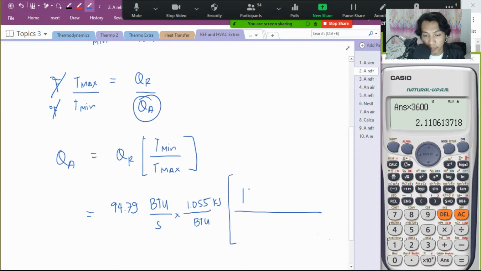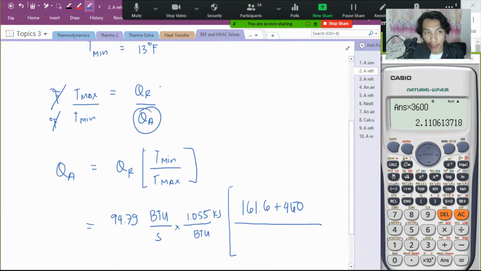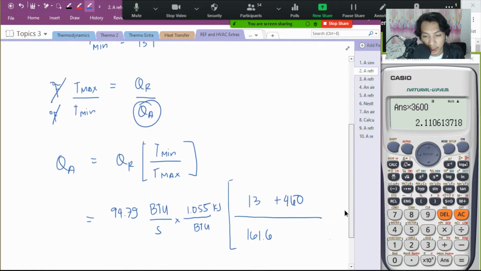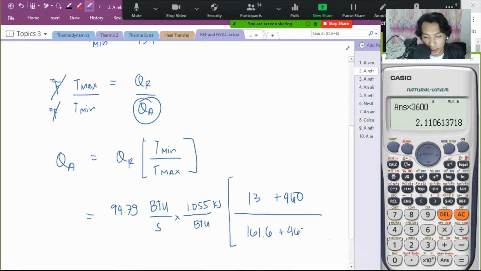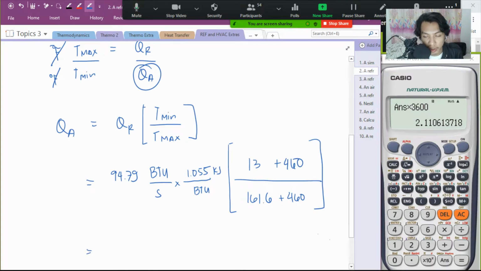So, 161.6 plus 460. Tmin pala to. 13 lang pala. So, 13, 161.6 plus 460. Oh, yan. Pwede na yan. O, di ang lalabas dyan is QA na in kilowatts. Okay, the answer will be, pahabain pa ba natin? Hindi na.